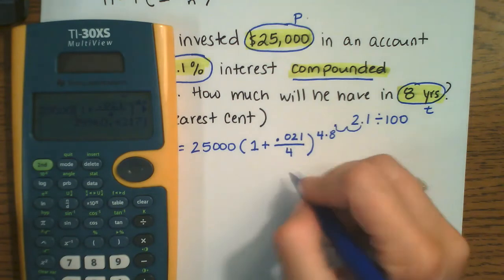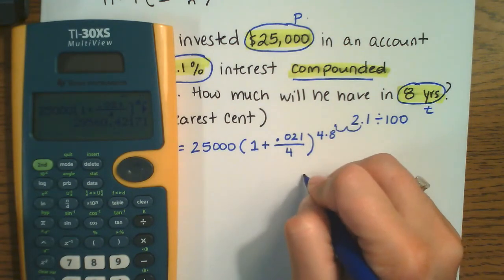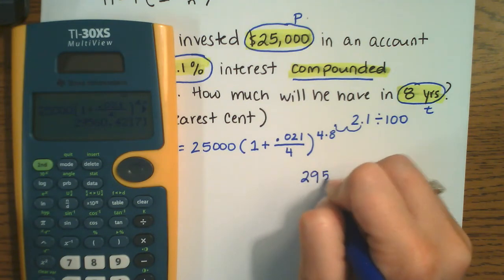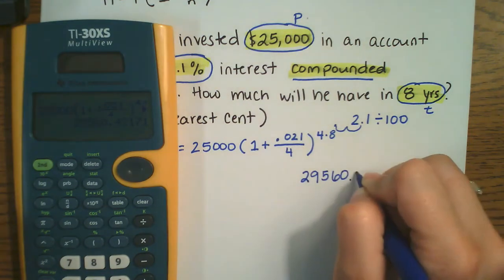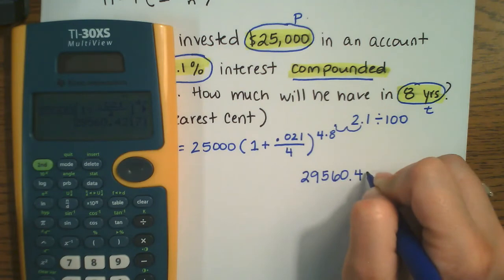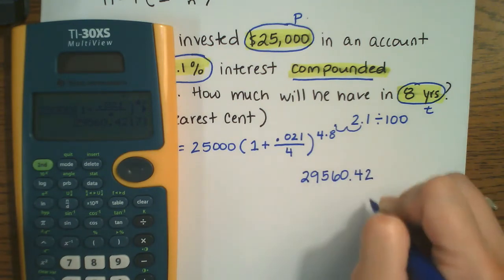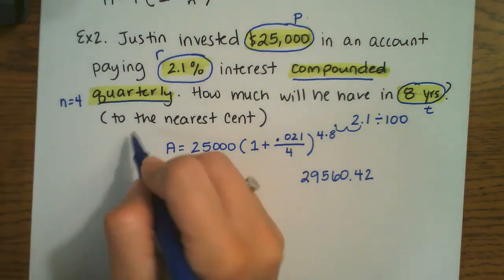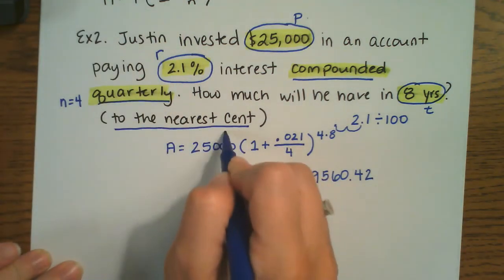Okay. So, Jeremiah, what'd you get? 0.4, give me one more. I deleted it. 0.42. So they want it to the nearest cent.